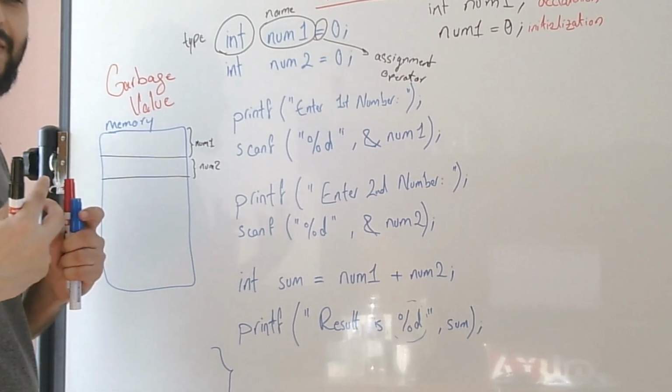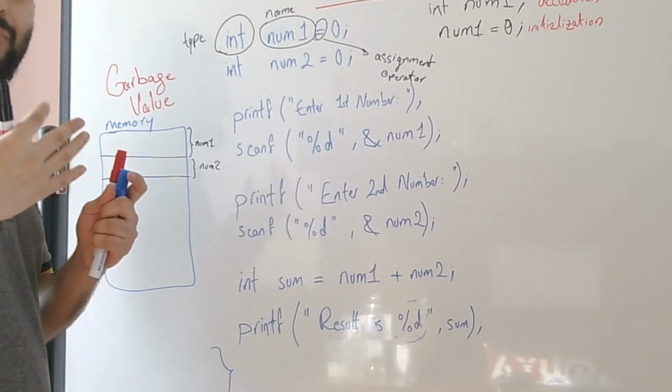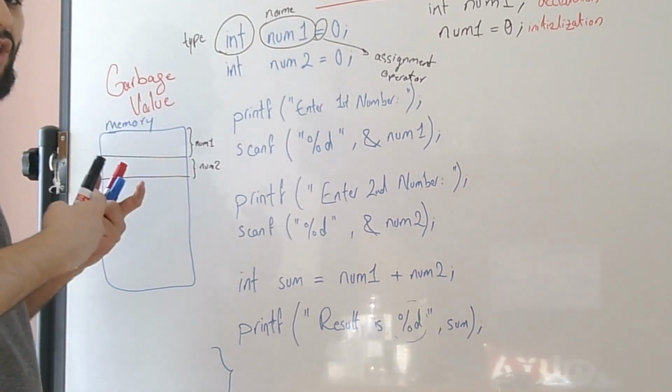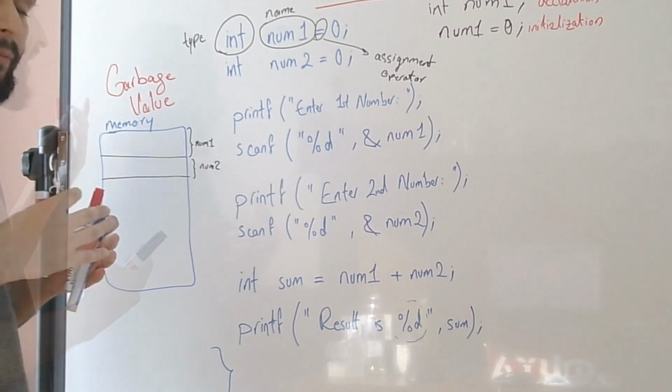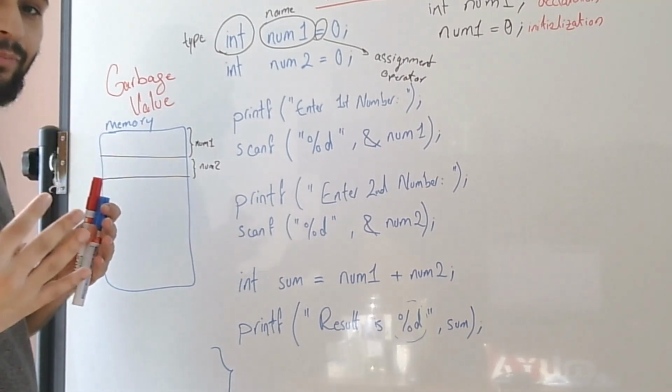So it will have some residual values from previous programs that were running on this part of memory, and that's why they are called garbage values. Basically those were values that were left behind by other programs.